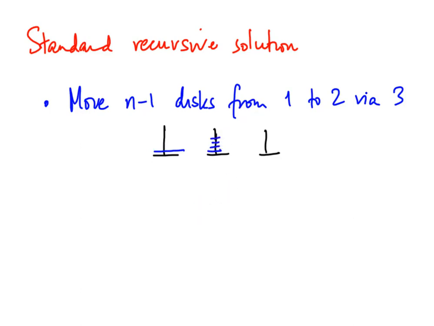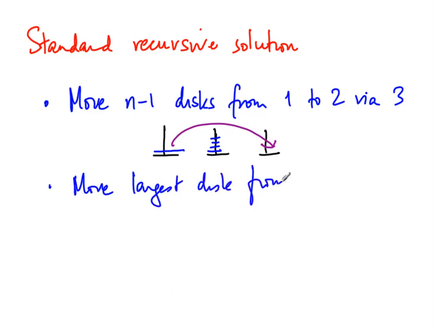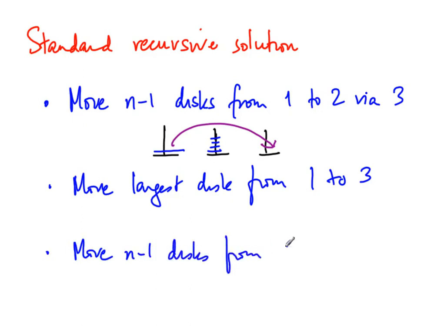So at this point you can move the largest disk from 1 to 3. And now you have another version of this n minus 1 problem. So you move n minus 1 disks from 2 to 3 using 1, which is now empty, as your auxiliary. The standard recursive solution says first move n minus 1 disks to the middle peg, then move the biggest disk to the last peg, and then move these n minus 1 to the last one, again using the recursive solution.